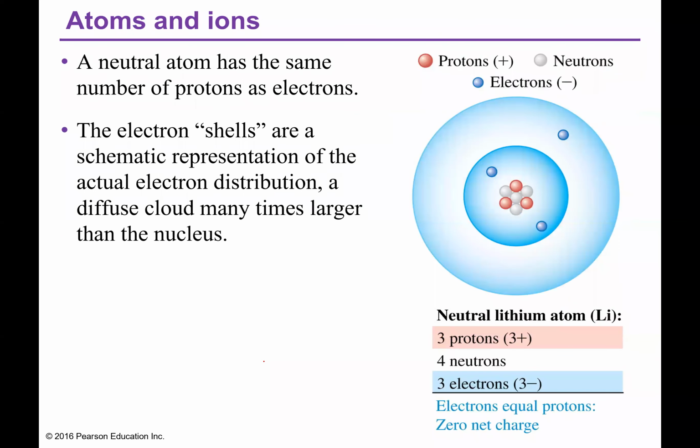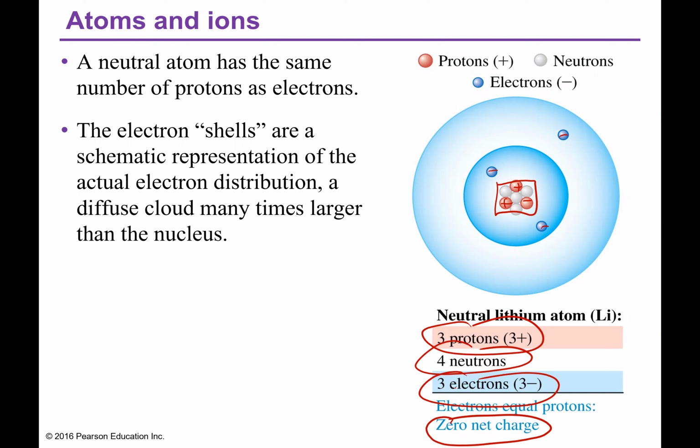So neutral means here's the nucleus with 3 positives and 3 negatives. You can write 3 protons, 3 electrons, 4 neutrons, and 0 net charge. Okay, so this is known as a neutral atom.